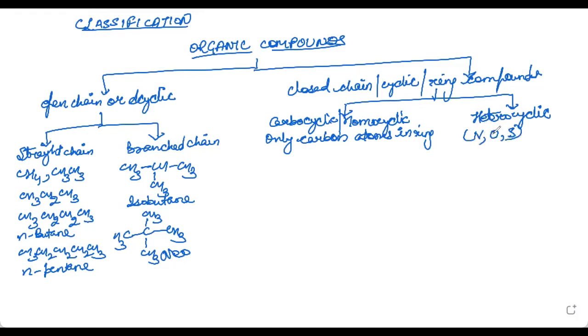So in addition to carbon, there will be one or more heteroatoms. That is, the ring is not formed only by carbon. It also contains either nitrogen, oxygen, or sulfur. Clear? Then these carbocyclic compounds can be further classified into alicyclic and aromatic.